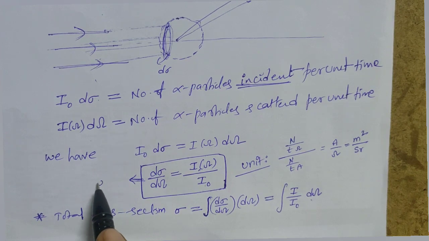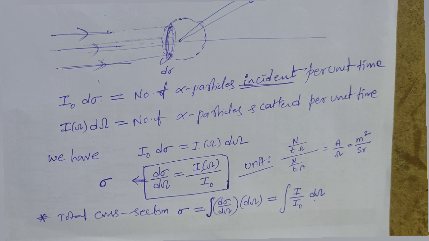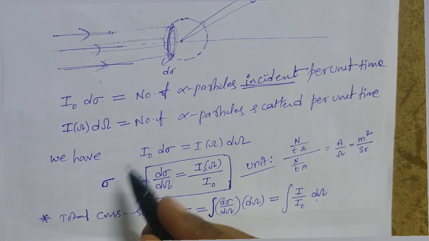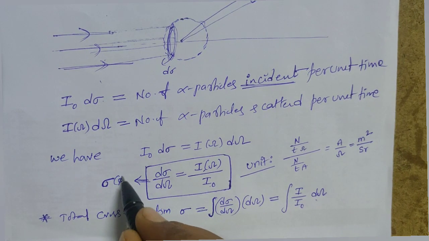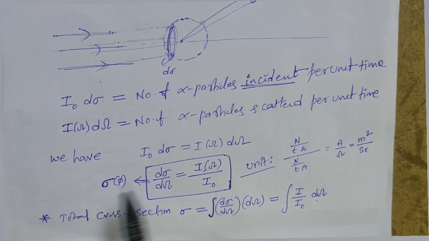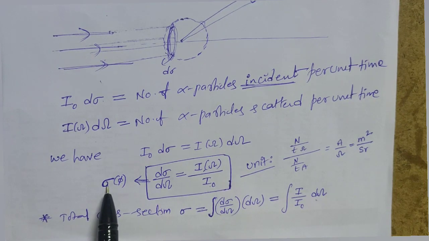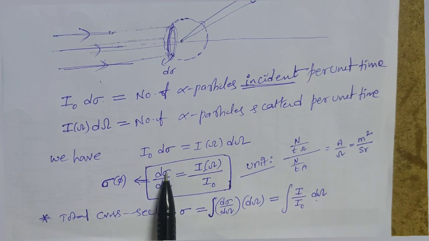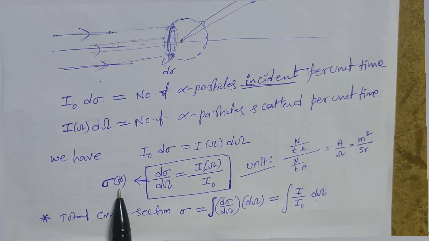As this force is a central force, it is only a function of this angle, so I can write simply σ(φ). Some people indicate it like this also, so do not be confused. So dσ/dΩ is the scattering cross section as a function of solid angle, but the solid angle itself is a function of the scattering angle. Some books will write like this also.